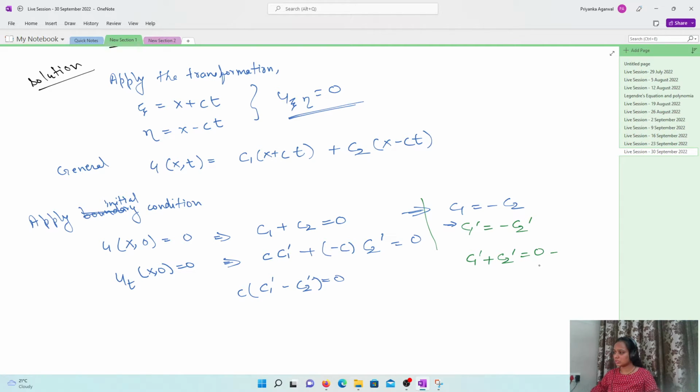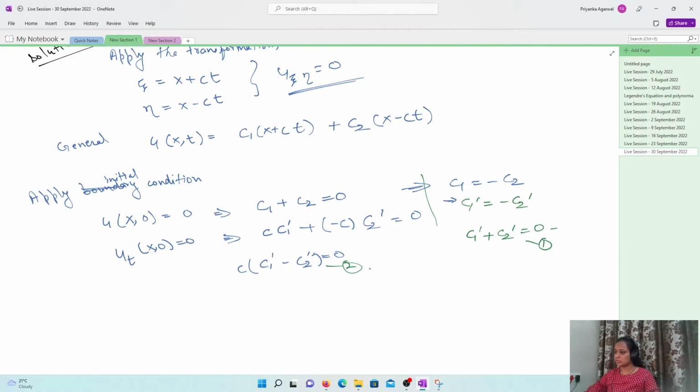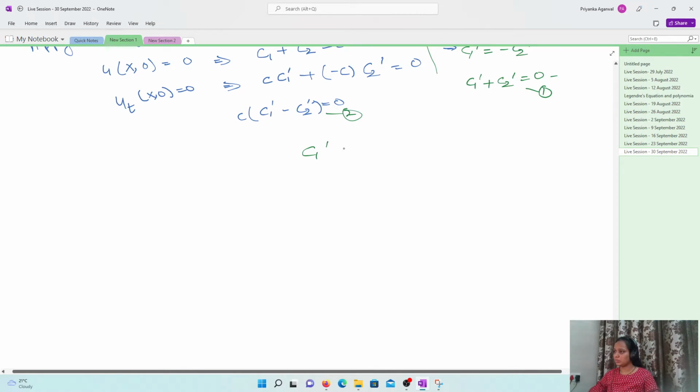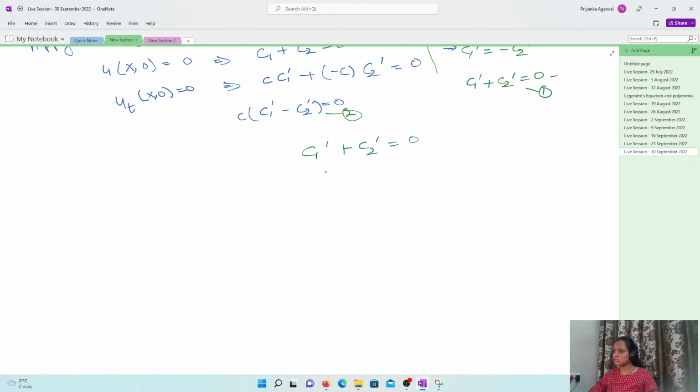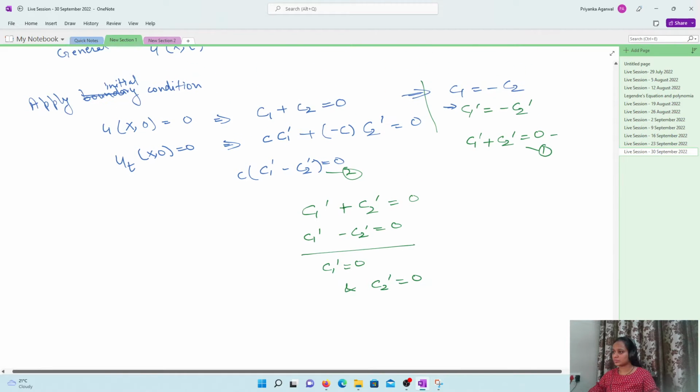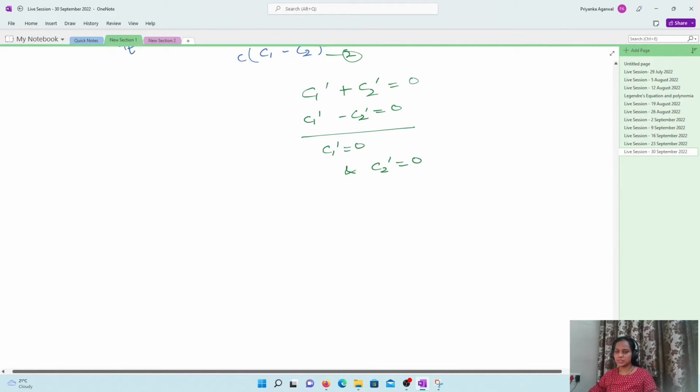So this is our equation 1, and this is our equation 2. Then what is the solution? c1 prime plus c2 prime equals 0, and c1 prime minus c2 prime equals 0. So c1 prime equals 0 and c2 prime equals 0, right? That means c1 is some constant, c2 is some constant.